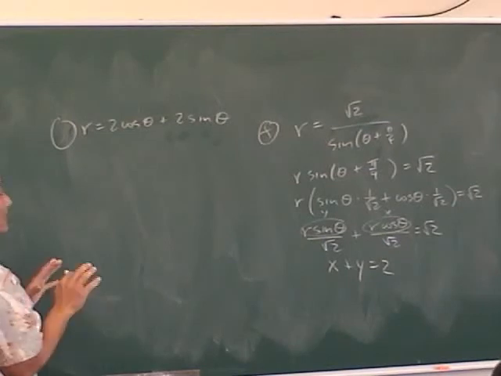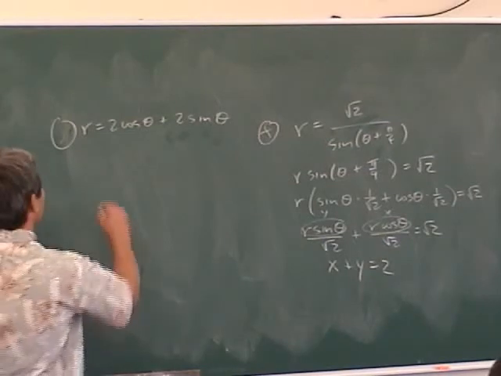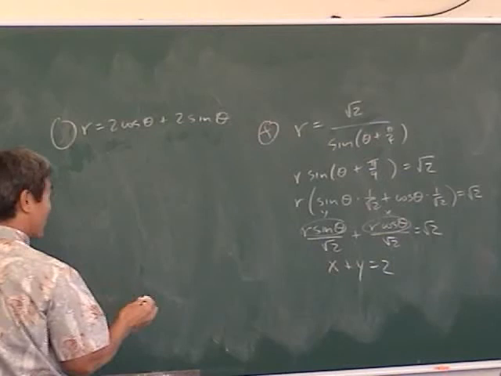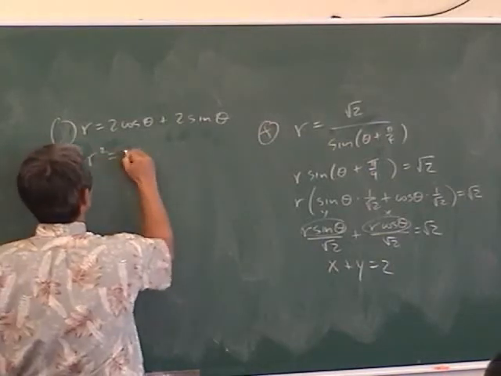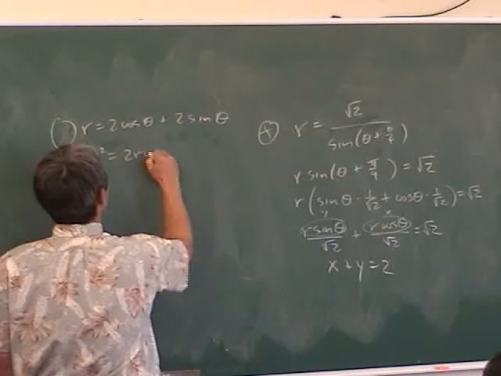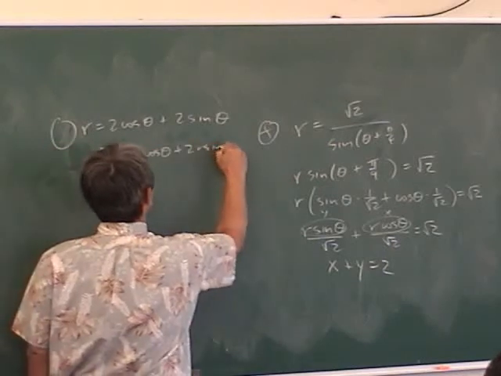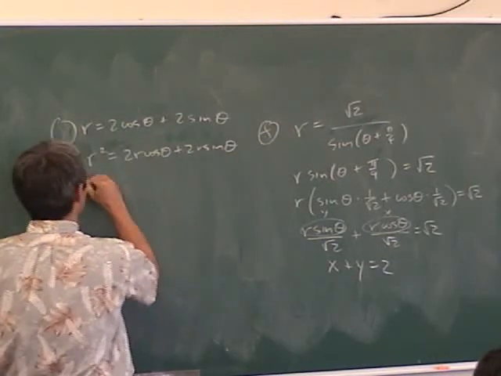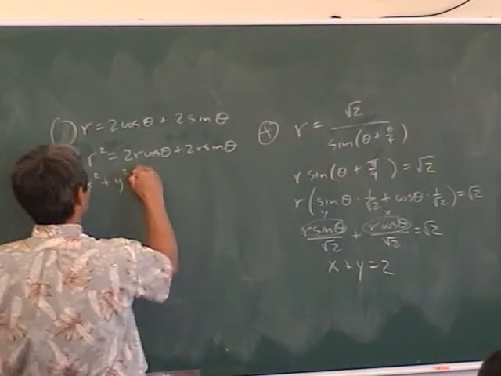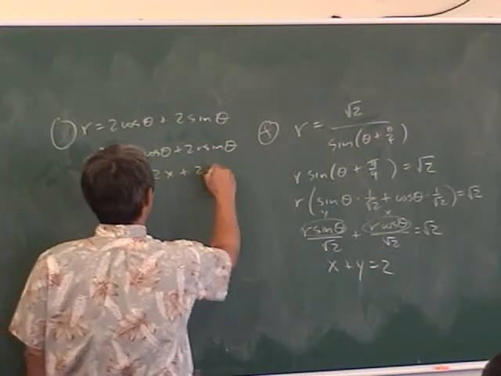Multiply both sides by r. So r squared is equal to 2r cos theta plus 2r sine theta. That gives x squared plus y squared equals 2x plus 2y.